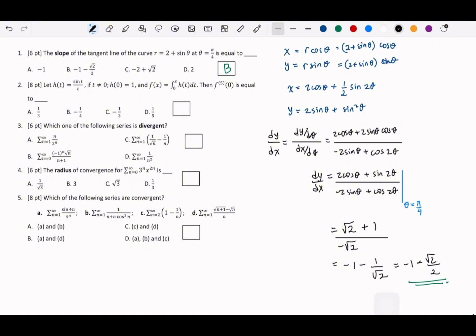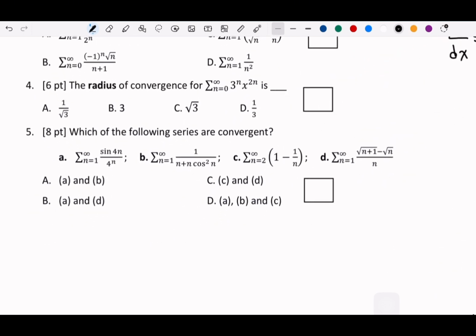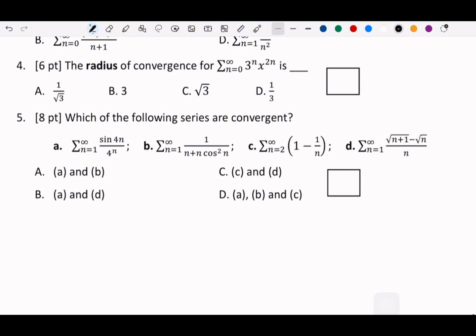So we can start from this A, sine 4n over 4 to the power n. We have a sine, we have a 4 power n in the denominator. I think the best way to approach this, since this is a sine, means the maximum will be only 1, is to have a comparison test.